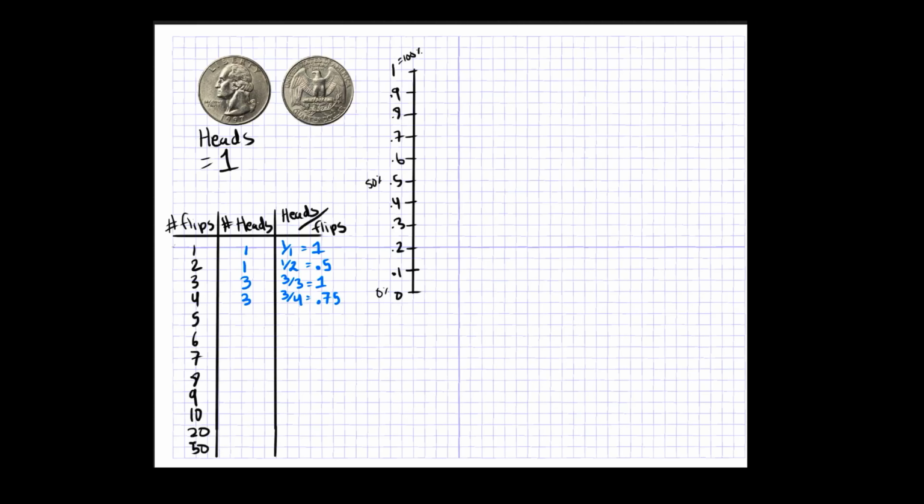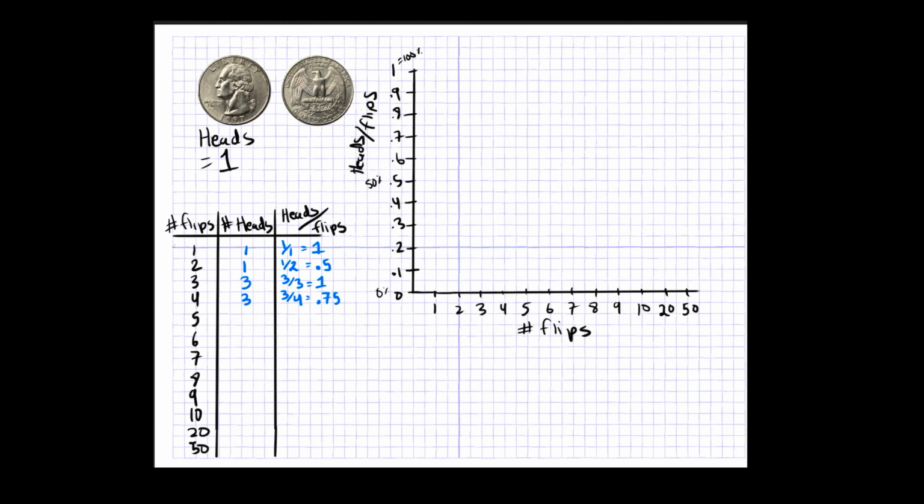For your x-axis, we'll record the number of flips, and we'll give it 2 spaces, so that's 1 flip, 2. Now remember, you have to label your axes, so here we'll do the heads over flips, and then on your x-axis, the number of flips.